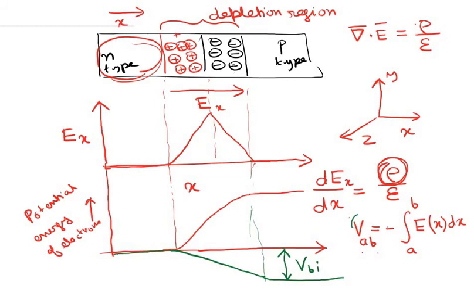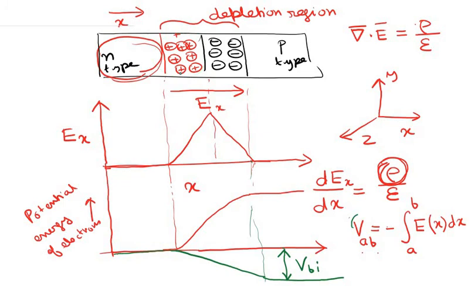Similarly, if there are more holes in the valence band of the p-type material, then more holes would try to diffuse from the p side to the n side, so the charge concentration in the depletion region would also increase.